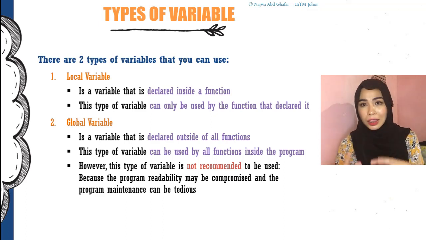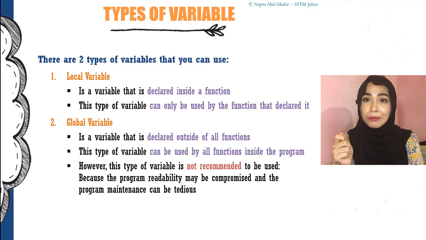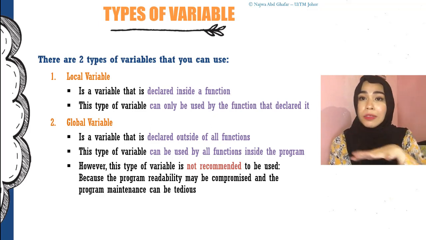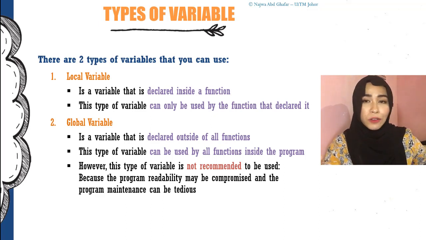The concept is like this. Let's say I'm holding a pen. If I put this pen on this table, and everyone in this room, imagine this pen is a global variable since I declare it outside. I put it on the table, so every single person in this room can use the pen.